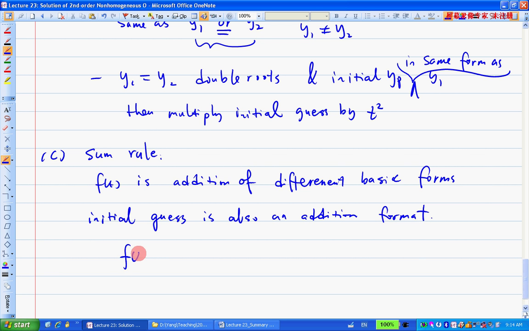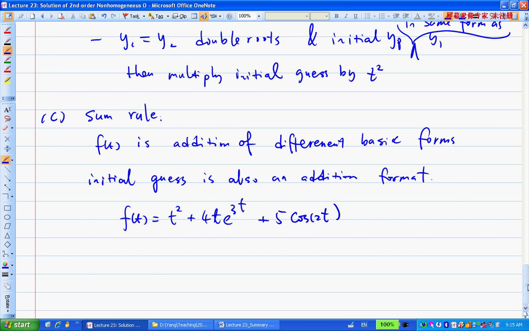Let's say f of t equals t squared plus 4t e to the power 3t plus 5 cosine 2t. So let's say this is f of t here. And what would be the initial guess?